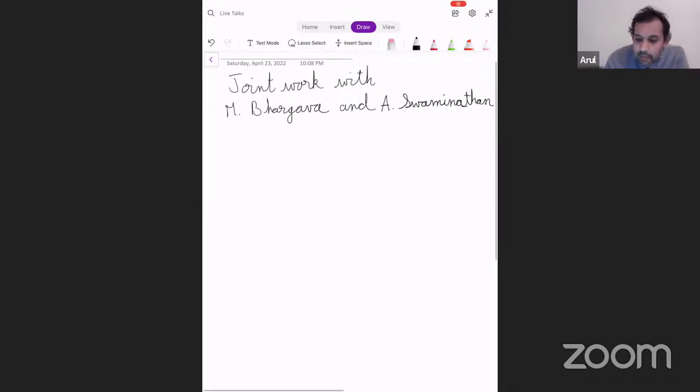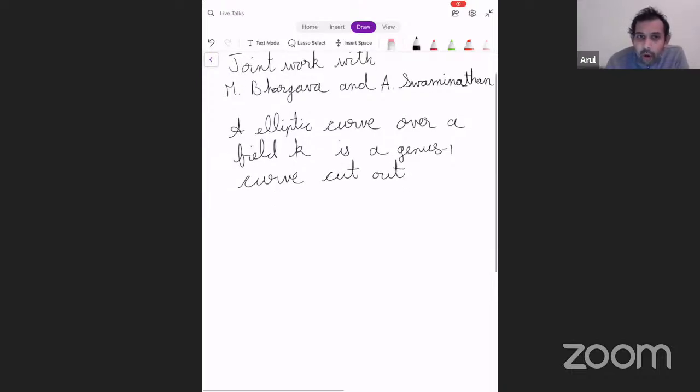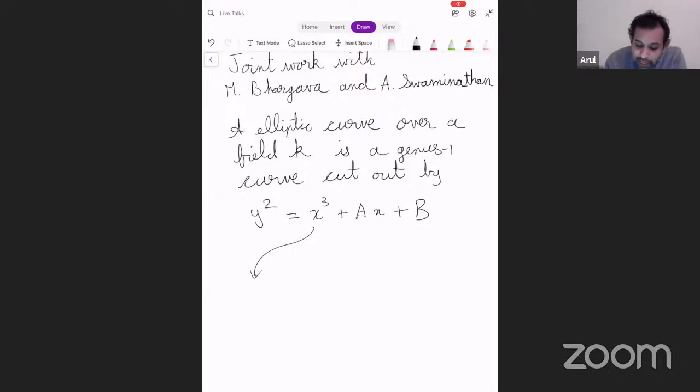So an elliptic curve over a field K is a genus 1 curve cut out by an equation of the form y squared equals a cubic polynomial, which I'll write as x cubed plus ax plus b, such that this cubic polynomial must have distinct roots.